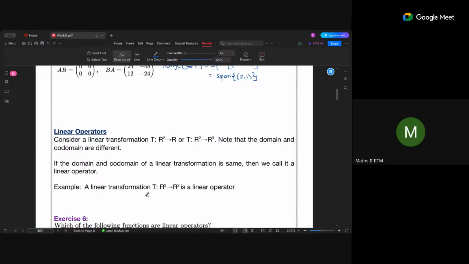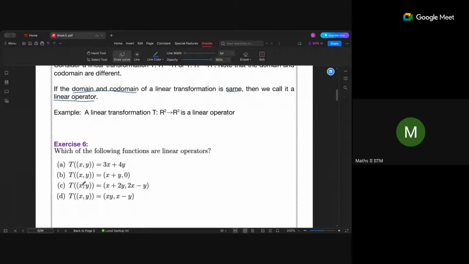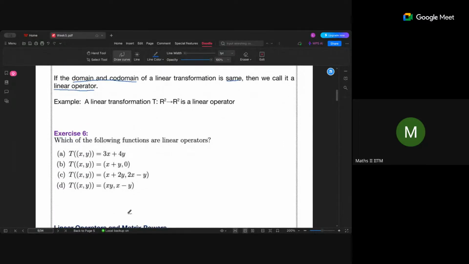A linear transformation from the same space to the same space is a linear operator. Clear? What is a linear operator? Now can you quickly tell me which of the following are linear operators?